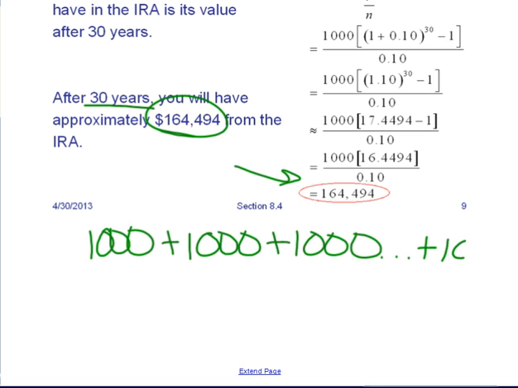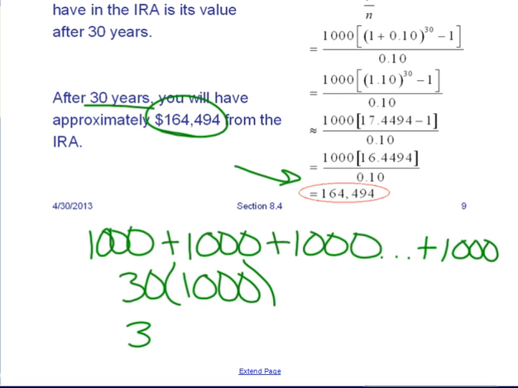You did this for 30 years. So if you deposited $1,000 every year for 30 years, you yourself deposited $30,000, 30 times 1,000. So this is the amount that you yourself put into the account.